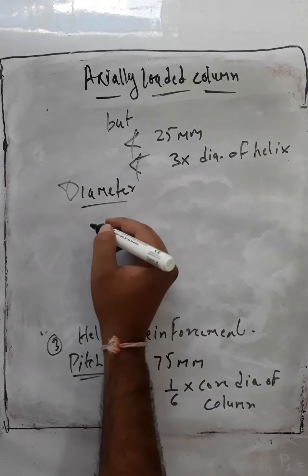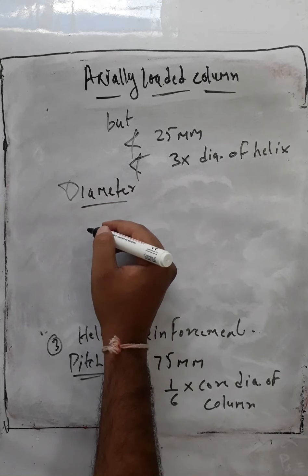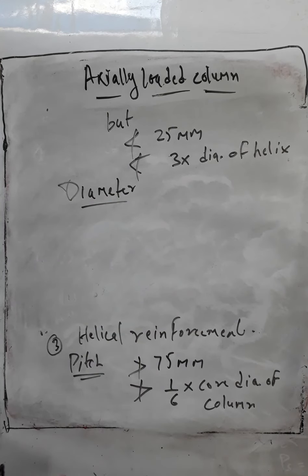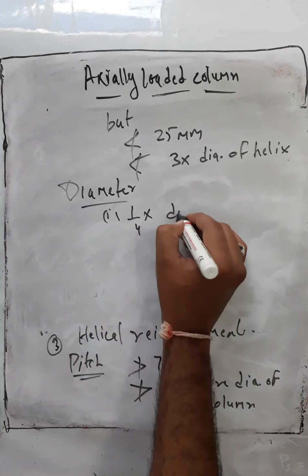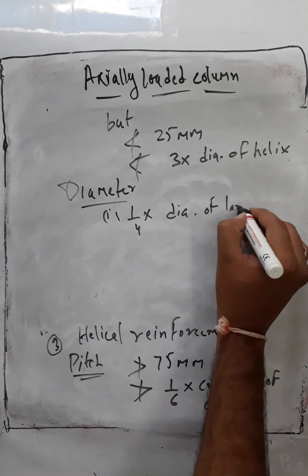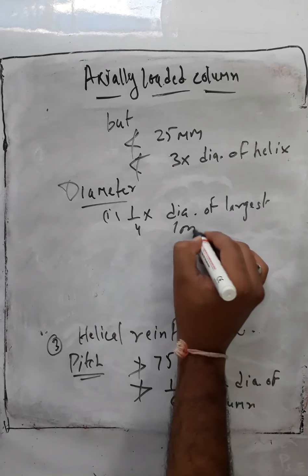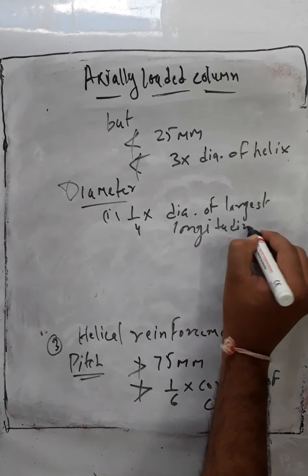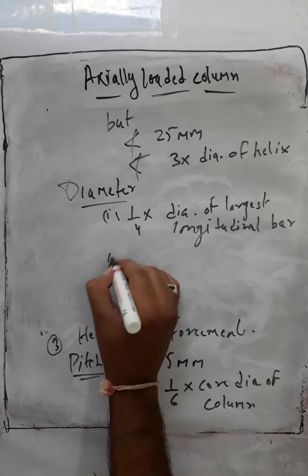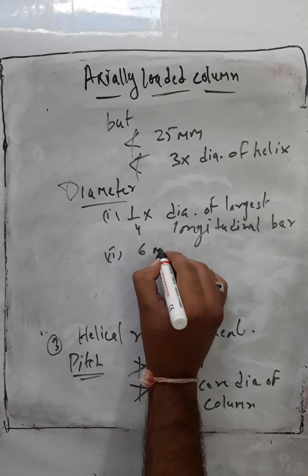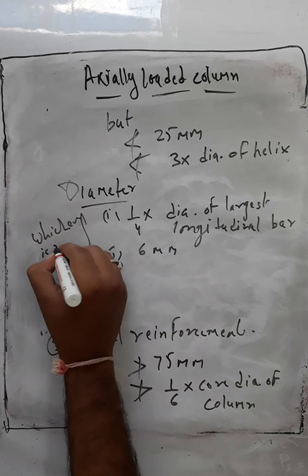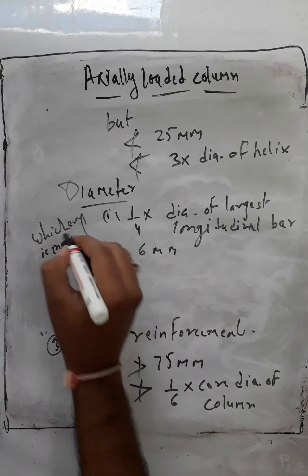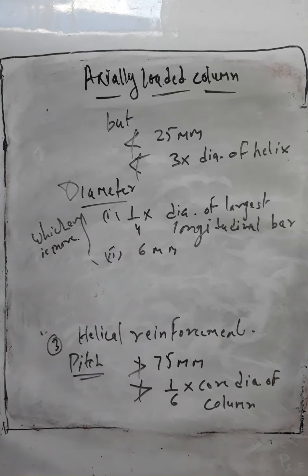For diameter, the same as we used for lateral ties: 1/4 into dia of largest longitudinal bar and 6 mm, whichever is more, and the diameter should not be less than the value which we get from here.